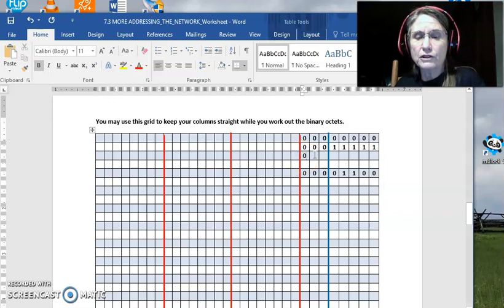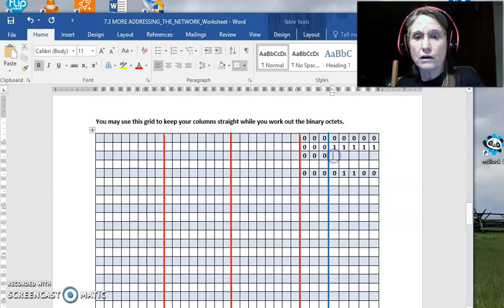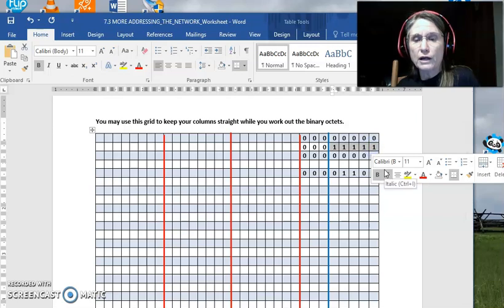And the first host address then would be all zeros starting at 1. We could keep on counting through, but we have to end at 1, 1, 1, 1, 1.